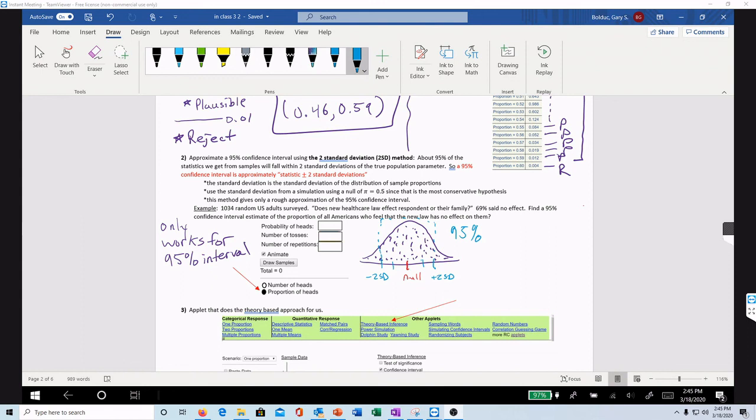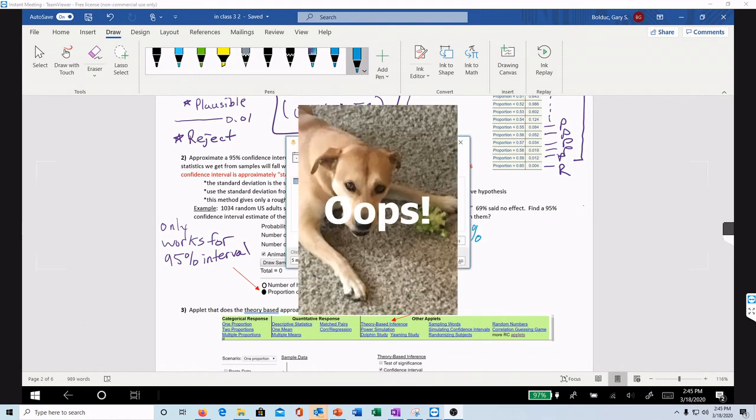So for practice on that, go back to the online homework where you guys were practicing a bunch of those. You did a good job on those. The whole point of doing that was to get you comfortable with that calculation, because what ends up happening is that range that you create when you go 2 standard deviations up and then 2 standard deviations below, that is just the confidence interval. That's it. So to create a confidence interval, you can take your statistic and add or subtract 2 times the standard deviation of this null distribution. So be careful.